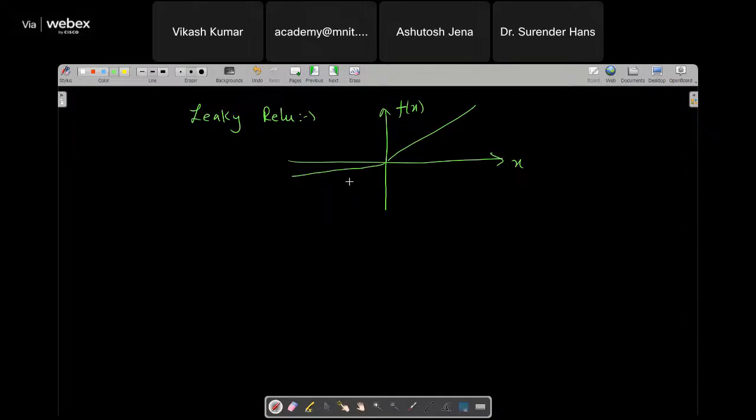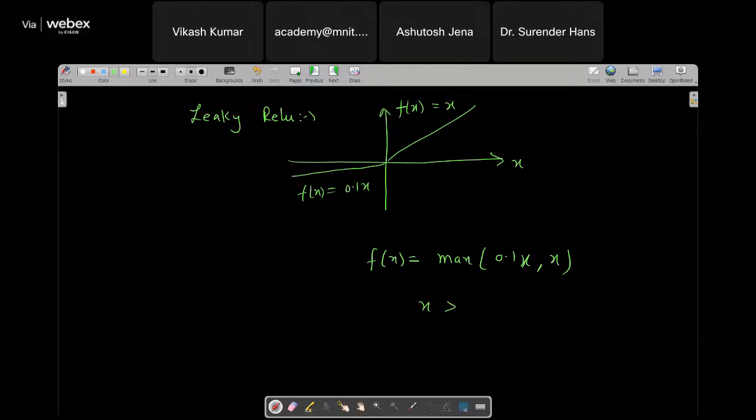This one is the leaky ReLU, and here f of x is equal to x, and here f of x is 0.01x. That is a leaky ReLU. So f of x is equal to the maximum of 0.01x, comma x.